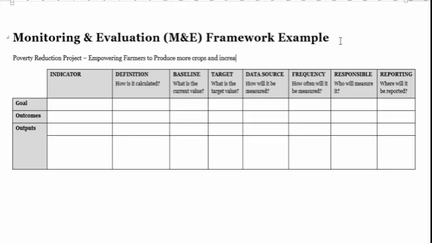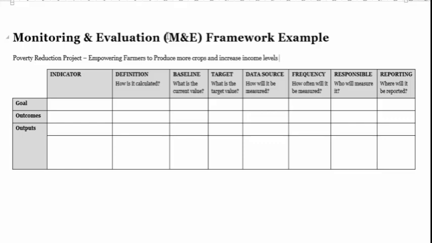Imagine we are running a project called the Poverty Reduction Project. The overall aim of this project is to reduce poverty levels within rural communities in a specific location. One of the mechanisms for achieving this is by empowering farmers, helping them to increase crop production and as a result improve their income levels.